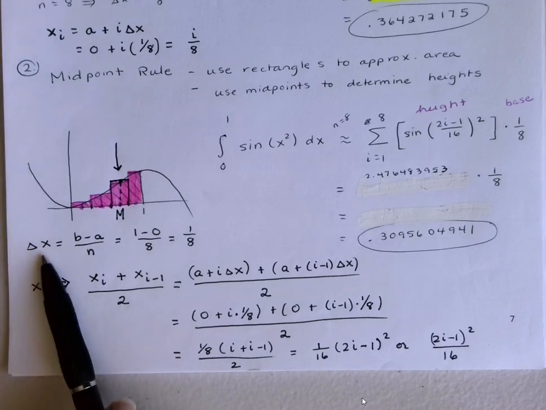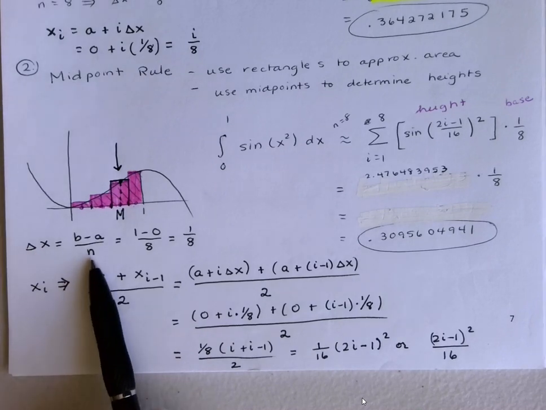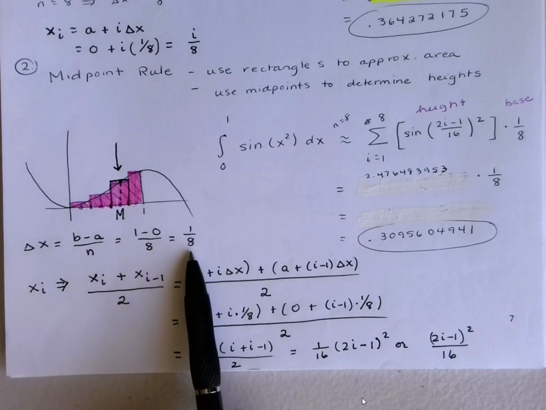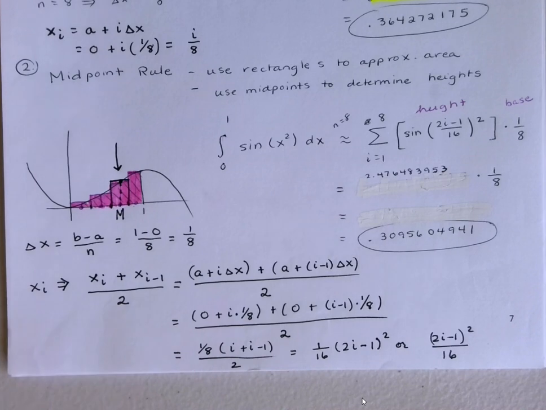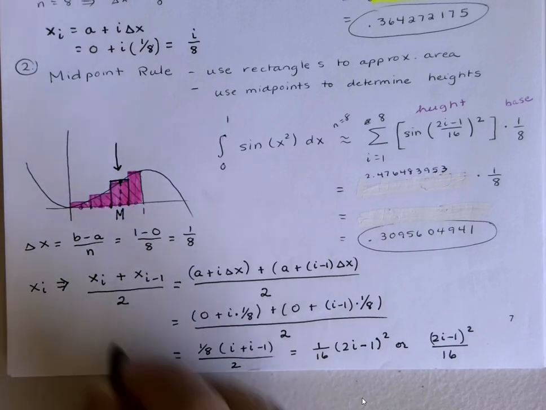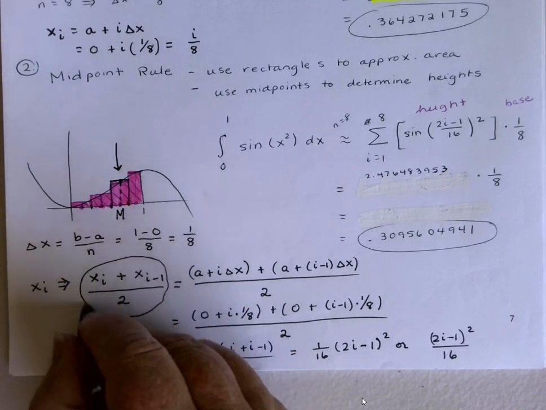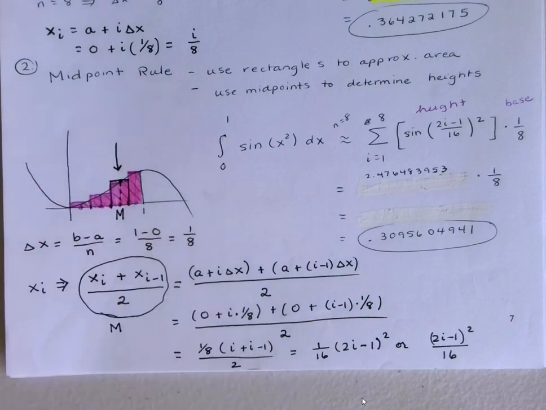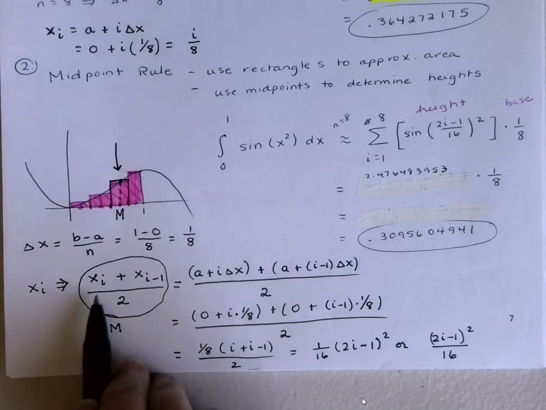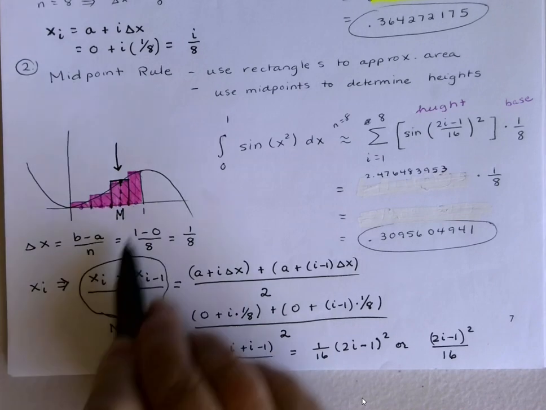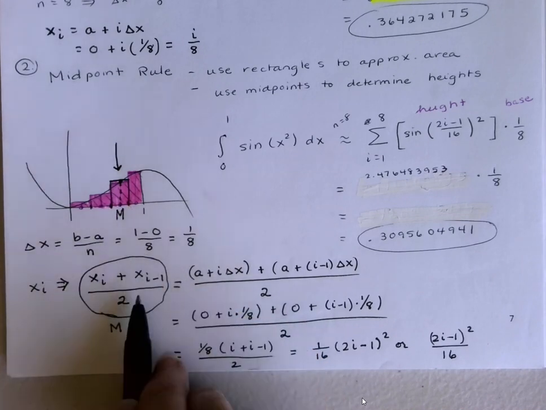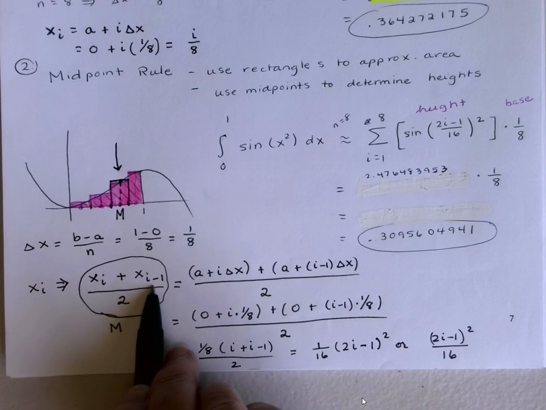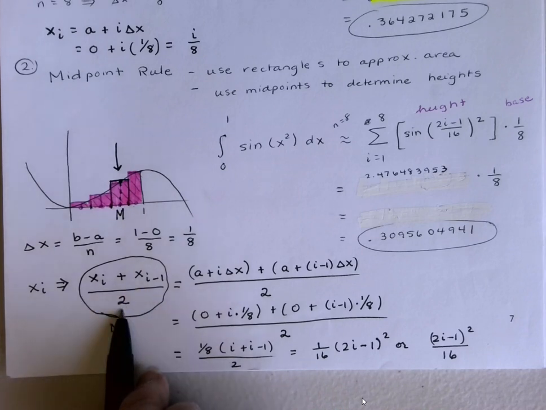My delta x is no different, still (b minus a) over n, so still 1/8. But instead of using x_i, I'm going to use the midpoint. And this is the formula for the midpoint. I take my right endpoint, x_i, add the previous endpoint, x_(i minus 1), and then divide by 2.